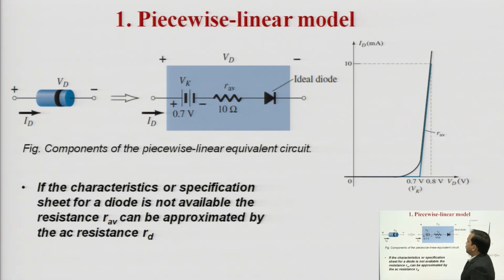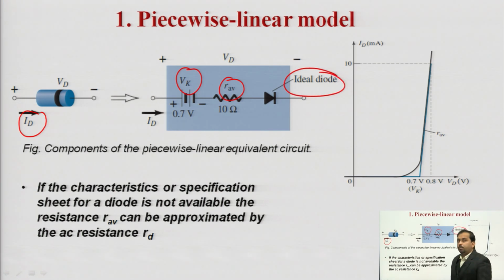This is a p-n junction diode and this is the direction of current ID. The diode can be replaced by its equivalent: a battery of, let us say, Vk, a resistance Rav which denotes average resistance, and the ideal diode.